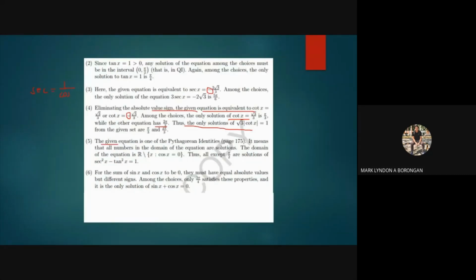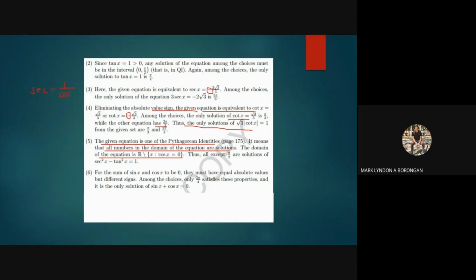So the given equation is one of the Pythagorean identities. It means that all numbers in the domain of the equation are solutions. And the domain of the equation excludes where the cosine of x is equal to 0. Thus, all except pi over 2 are solutions.